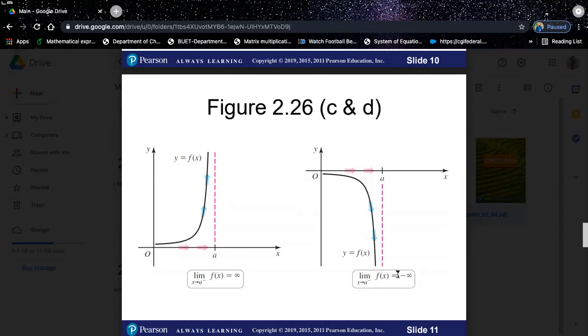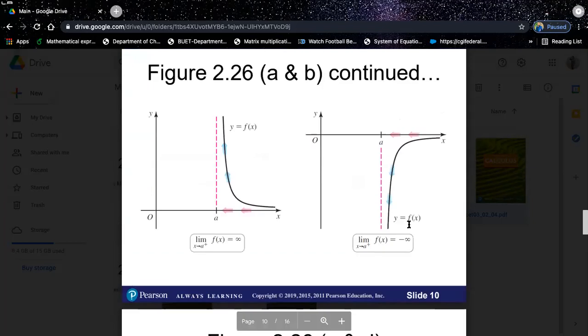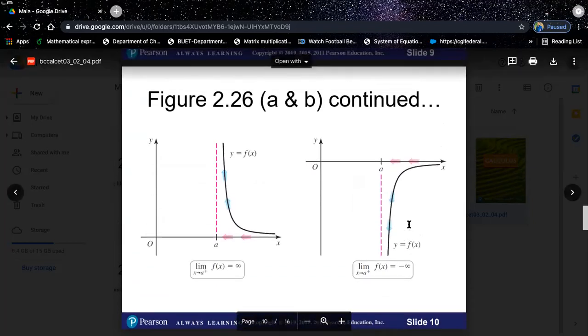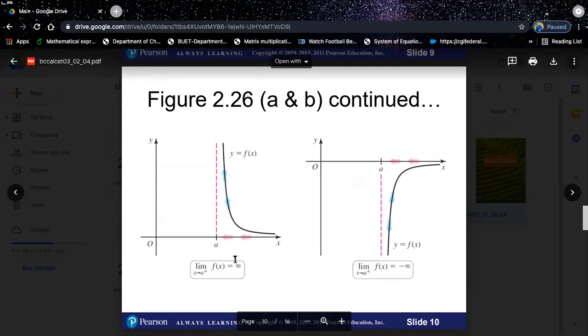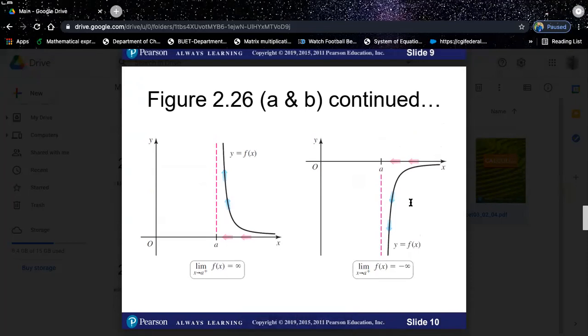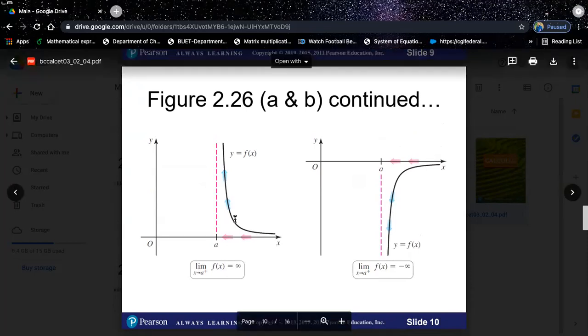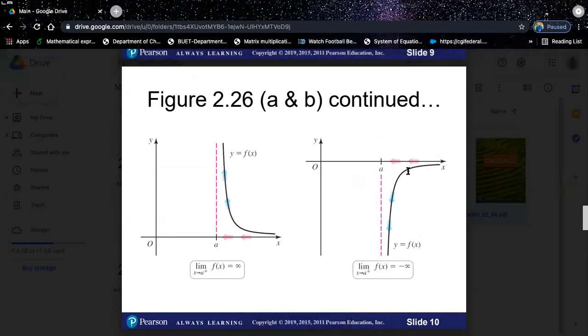All right. So in the first pair of graphs, we can see the right-sided limit is positive infinity. But the right-sided limit could be positive infinity and it could be negative infinity as well. So whenever you're approaching from the right, it doesn't really mean that it has to be positive infinity.